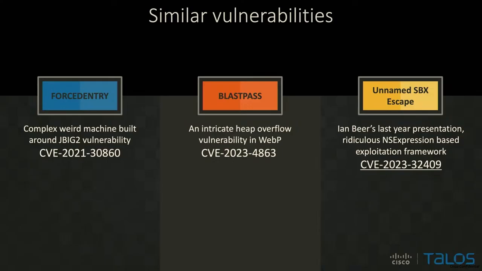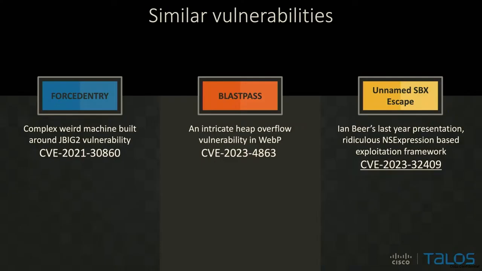There were a couple of vulnerabilities, similar in nature though not in bug class, published in the last couple of years targeting iOS devices and different high-profile targets. All of these have a couple of things in common. One of them is that they're very, very complex beasts when it comes to exploitation. In the case of the FORCEDENTRY vulnerability in the JBIG2 parser, the exploit is practically a virtual machine built around the vulnerability itself to achieve better primitives for exploitation.